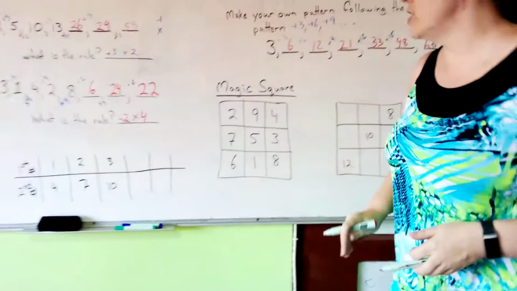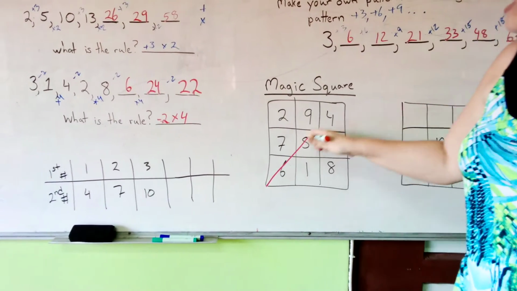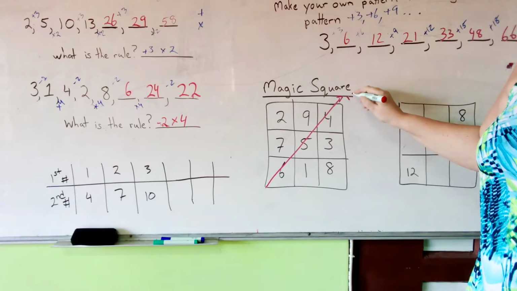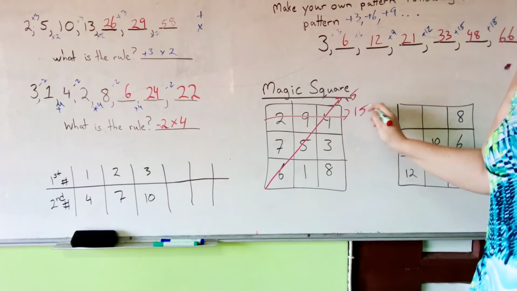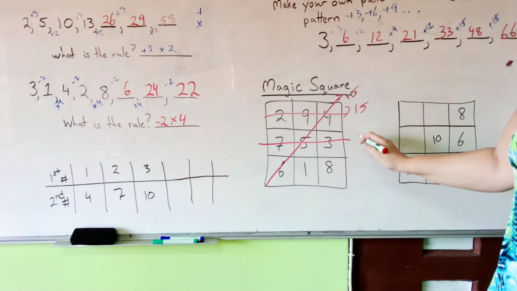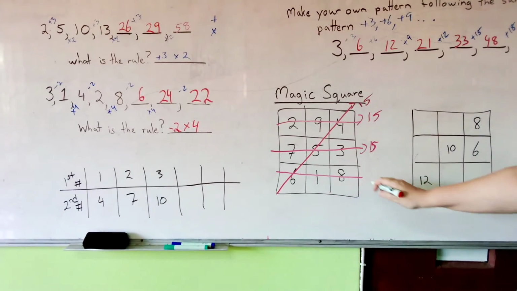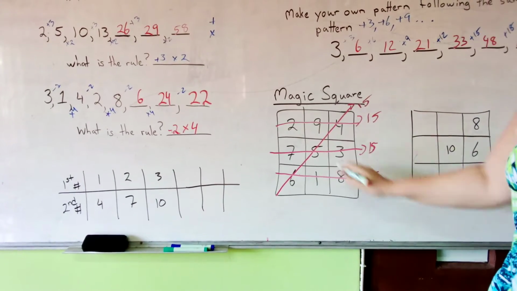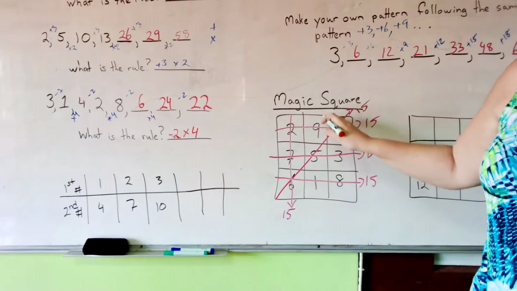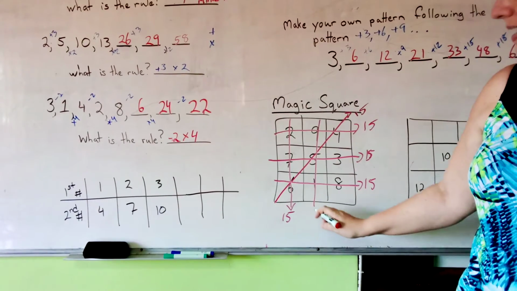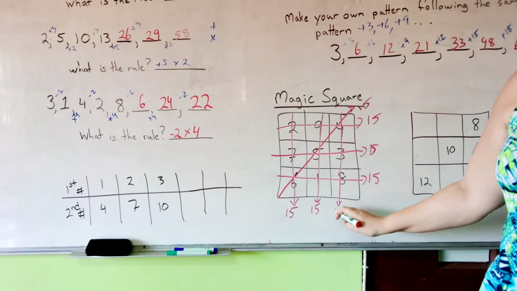Next we're talking about a magic square. And a magic square is a way of doing something so everything adds up to the same number. So for example, that's 15. 9 plus 2 plus 4 is 15. 7 plus 5 plus 3 is 15. 6 plus 1 plus 8 is 15. 2 plus 7 plus 6 is 15. 9 plus 5 plus 1 is 15. 4 plus 3 plus 8 is 15.